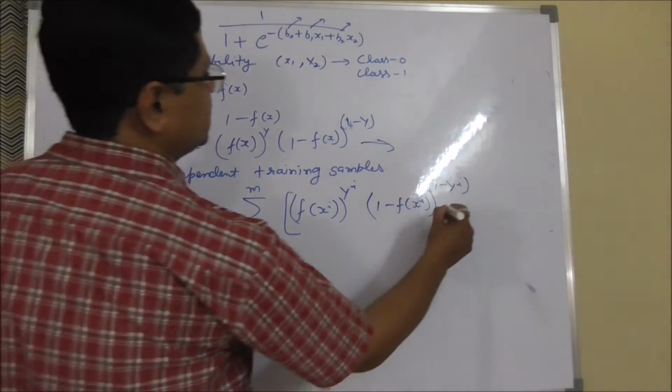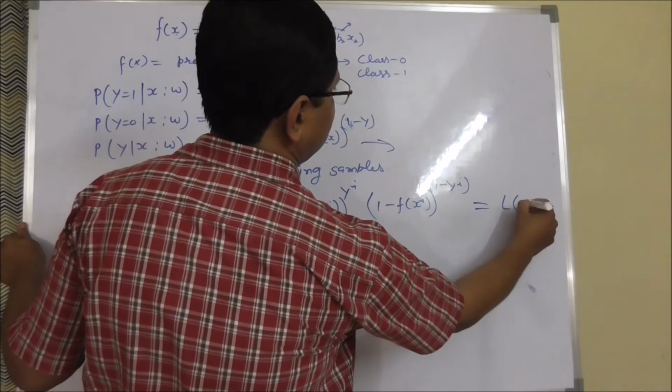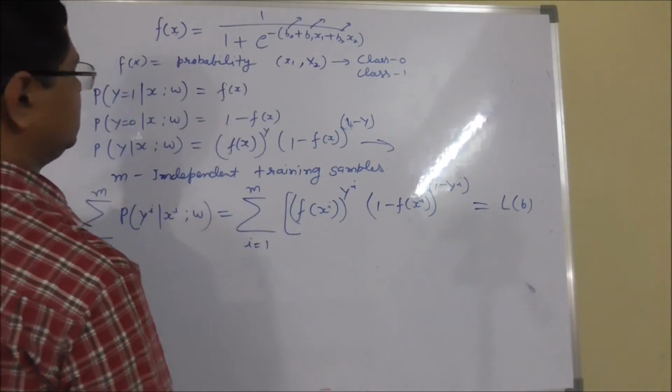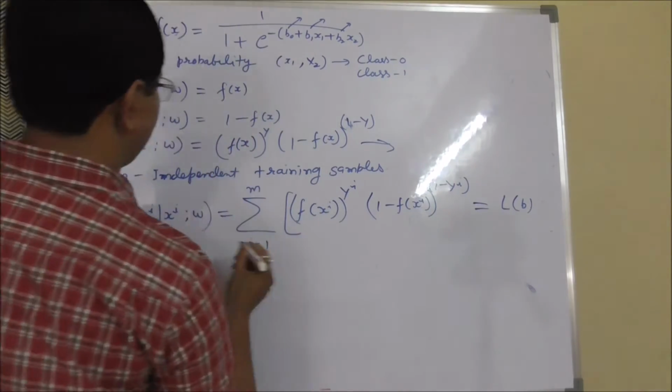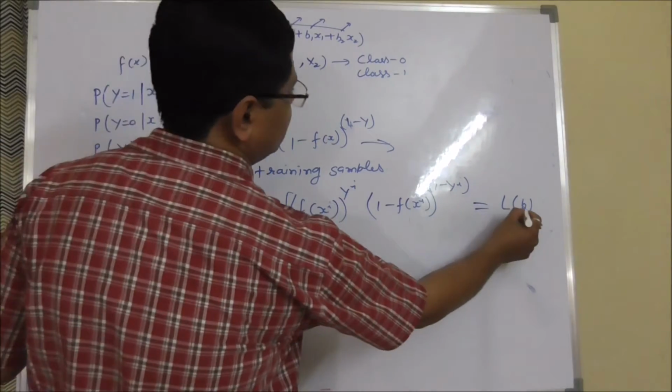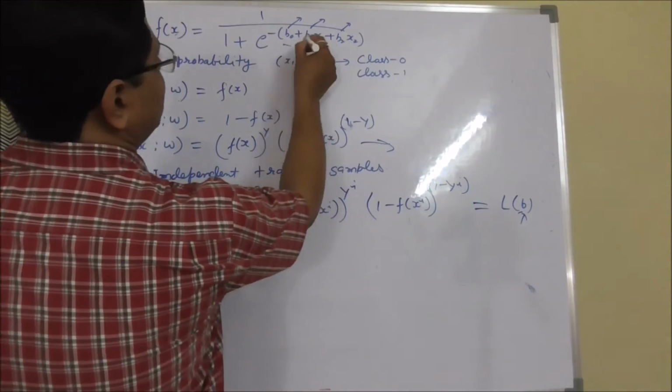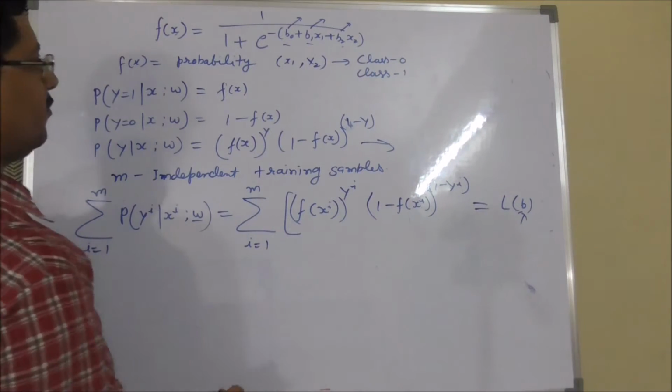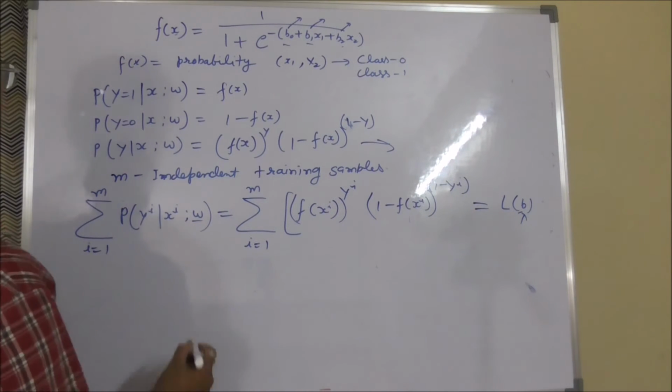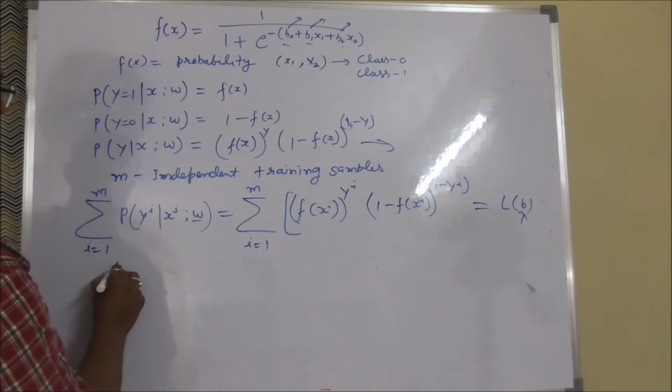We can also represent it as a likelihood function L(b), where b is actually the weight vector. Here we took w, but here we are using b. Now we can take the log of this to get the log likelihood.